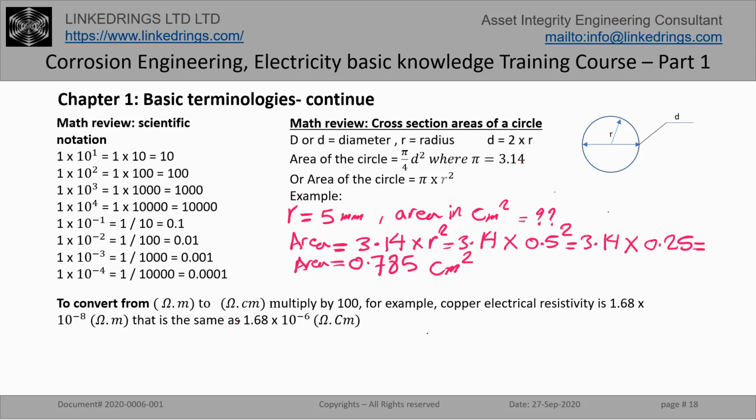That is the same as 1.68 times 10 power minus 6 ohm centimeters. So the base value is the same. The 10 power will be multiplied by 100, so minus 8 plus 2 is minus 6.